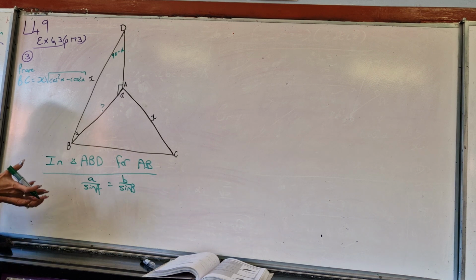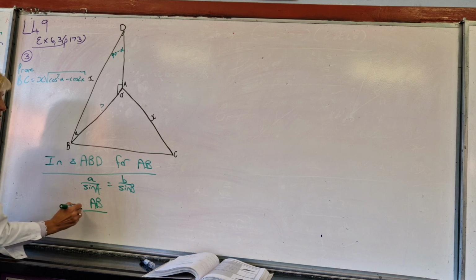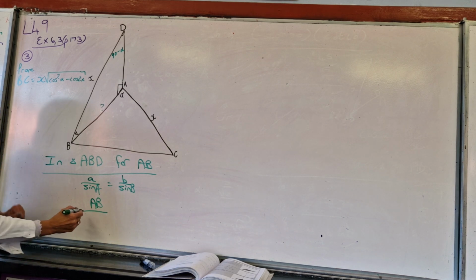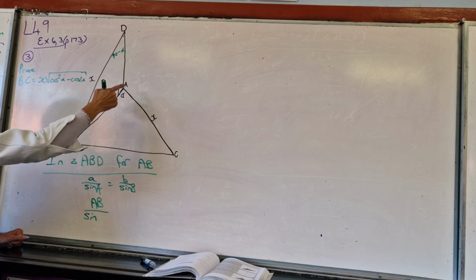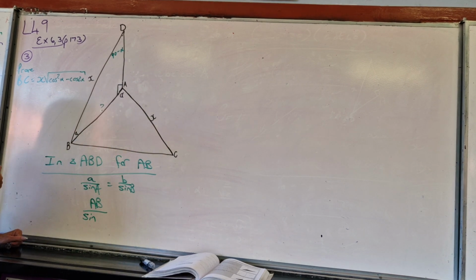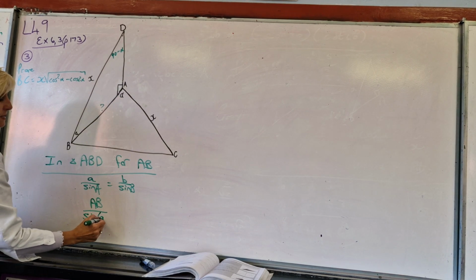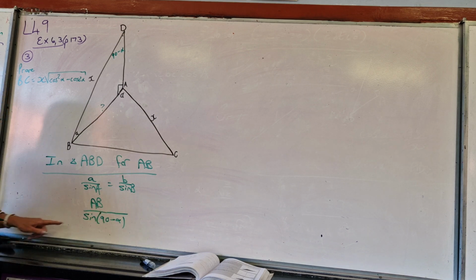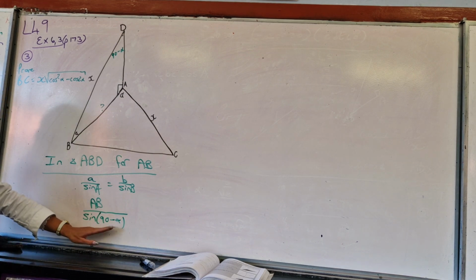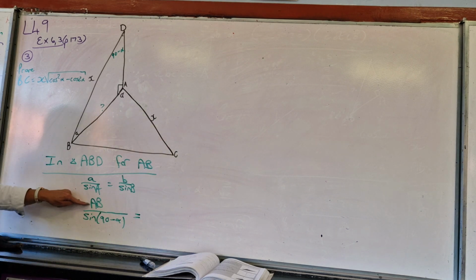I can see you know what you're doing. Then for finding AB, I'm going to put AB at the top, and at the bottom it's going to be sin of the angle. The angle is 90 minus alpha, which is a what sum? Co-function. The other pair that I've got, which is the other side that I have?